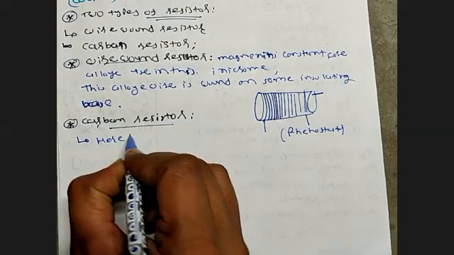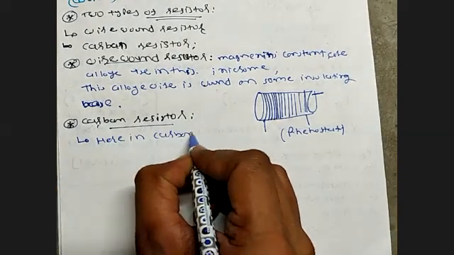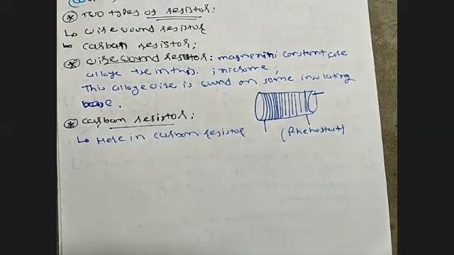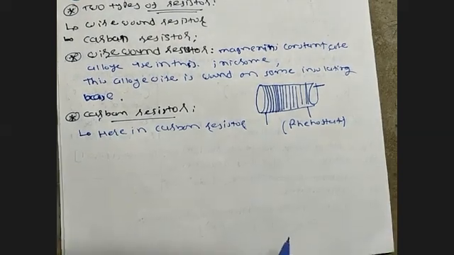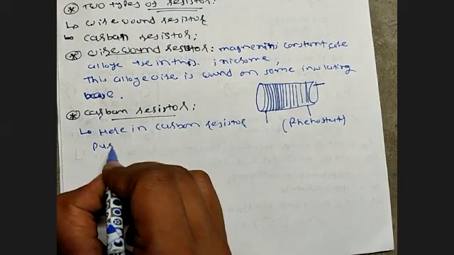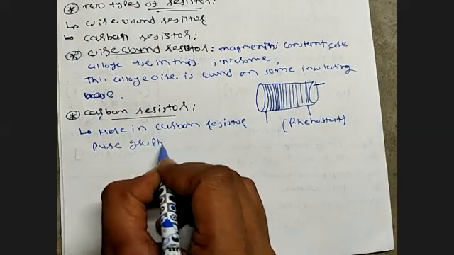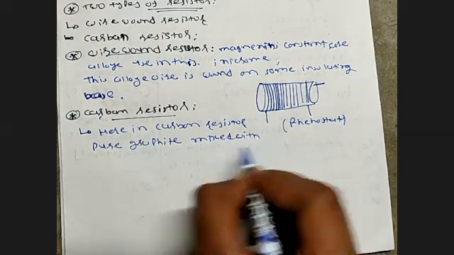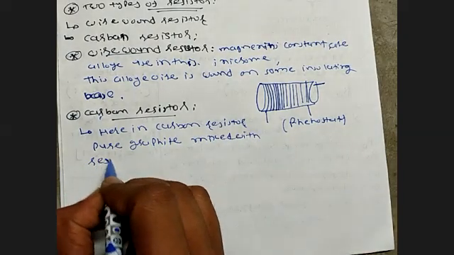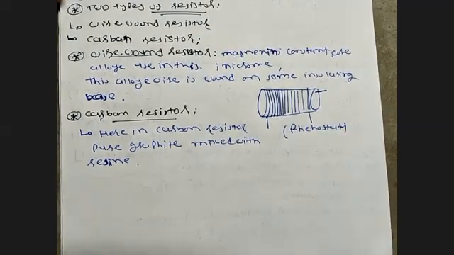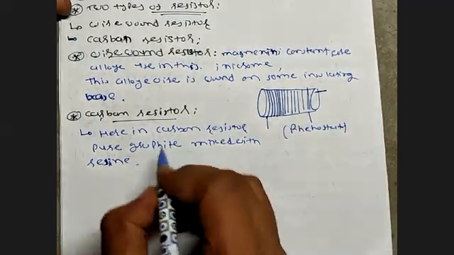In the carbon resistor, pure graphite is mixed with resin, and this mixture is put at a very high temperature.